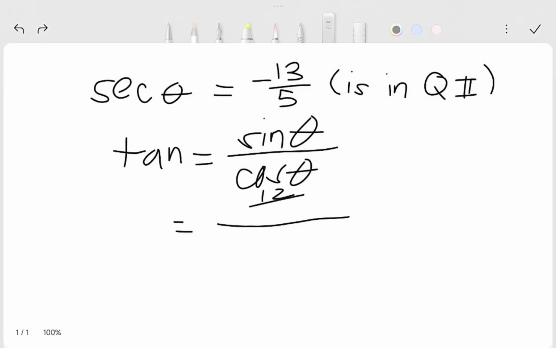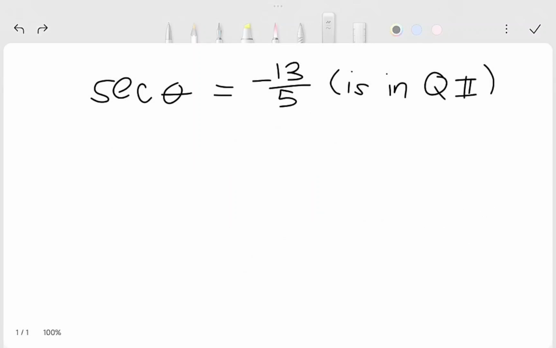Our sine is positive 12 over 13, and our cos is negative 5 over 13. So let's just cancel the 13, the denominator, so we have the answer of negative 12 over 5.